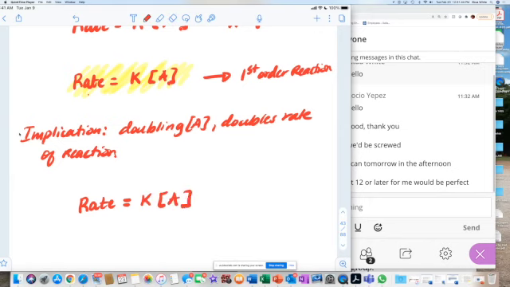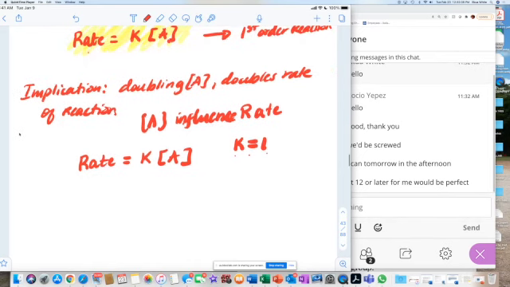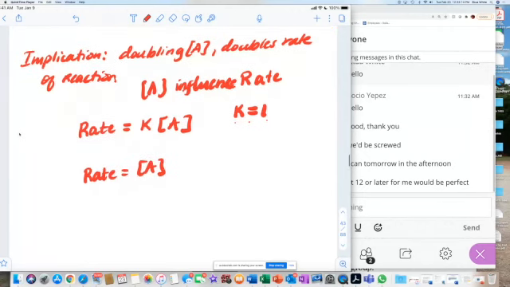I'm trying to figure out how A influences rate. I need to get K out of the way because I feel like K is in the way. So I'll make K equal 1. I don't know what K is, but I'm going to make it a number I can easily work with, right? I'll make K equal 1 and then start to deal with this. So that way it looks like rate equals A. This is the first order.